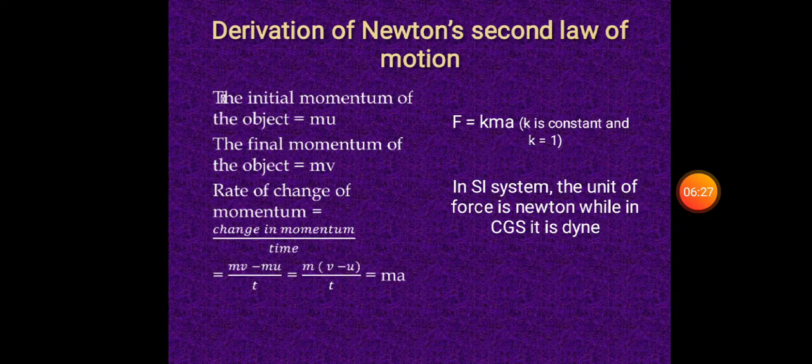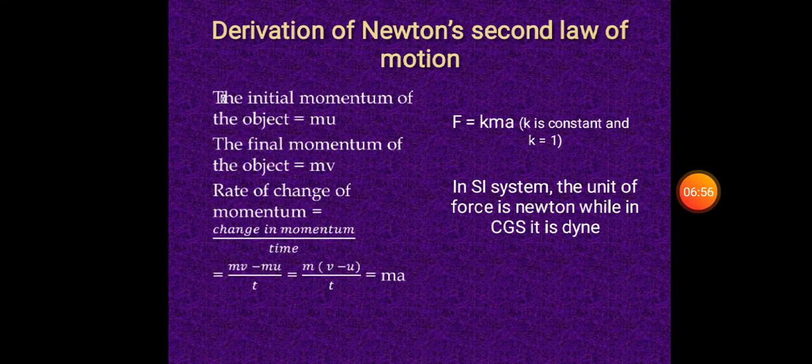Now, in case of direct variation, k is the constant of proportionality. So, F is equal to k into m into a, where k is equal to 1. If I substitute the value of k as 1, it will be F is equal to m into a.